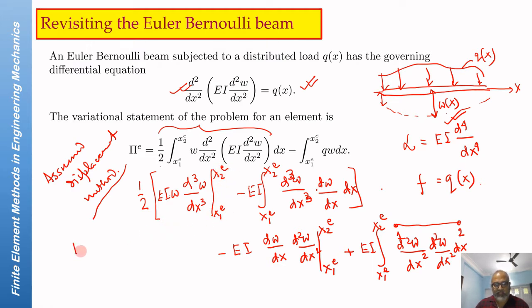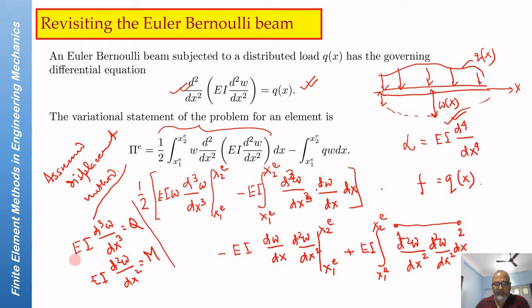So EI d cube W dx cube are the shear forces, let's call them Q, and EI d square W dx square are the bending moments, let's call them M. This follows from your Euler-Bernoulli beam theory.